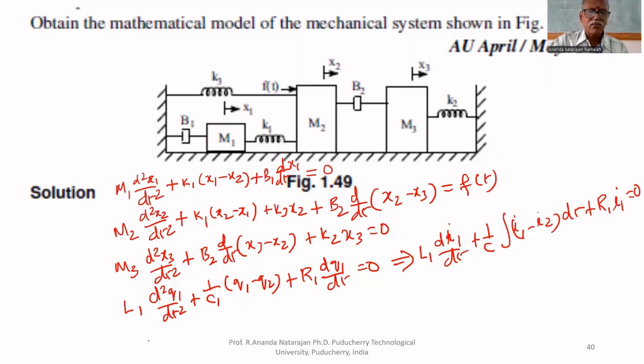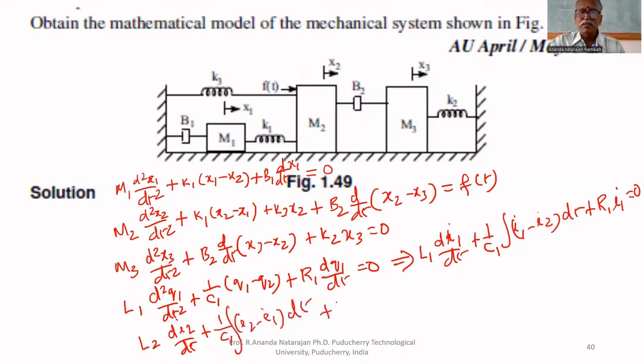Similarly, if you consider the second equation, what will you get? L2 di2 by dt plus 1 by c1 integral of (I2 minus I1) dt plus 1 by c3 integral of I2 dt plus R2 multiplied by (I2 minus I3) equal to v of t.